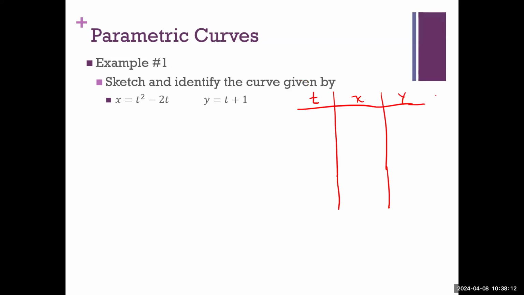What's the standard list of x values you would always try when you graph something? 0, 1, 2? I'm going to go into the negatives a bit. But let's get some of these values. So when I have these t values, what x, y values do I get?